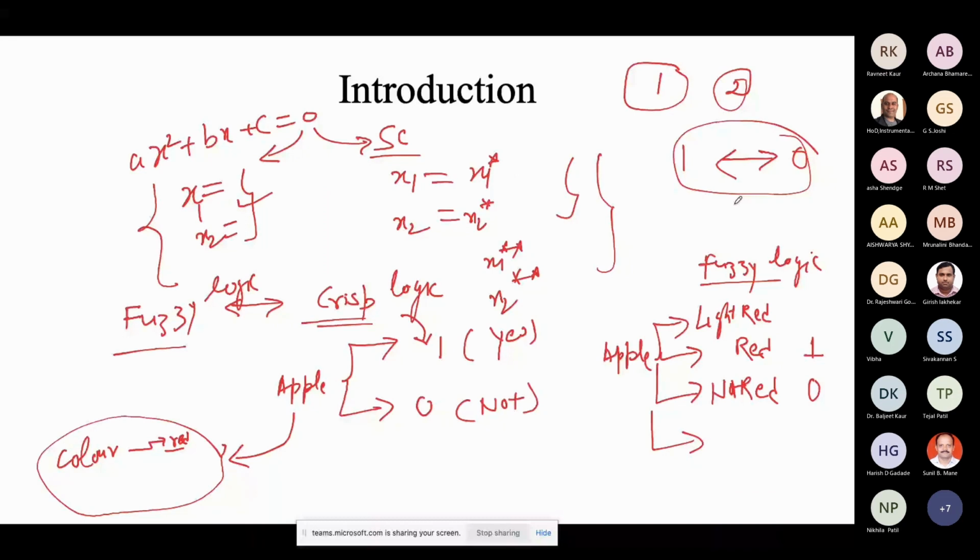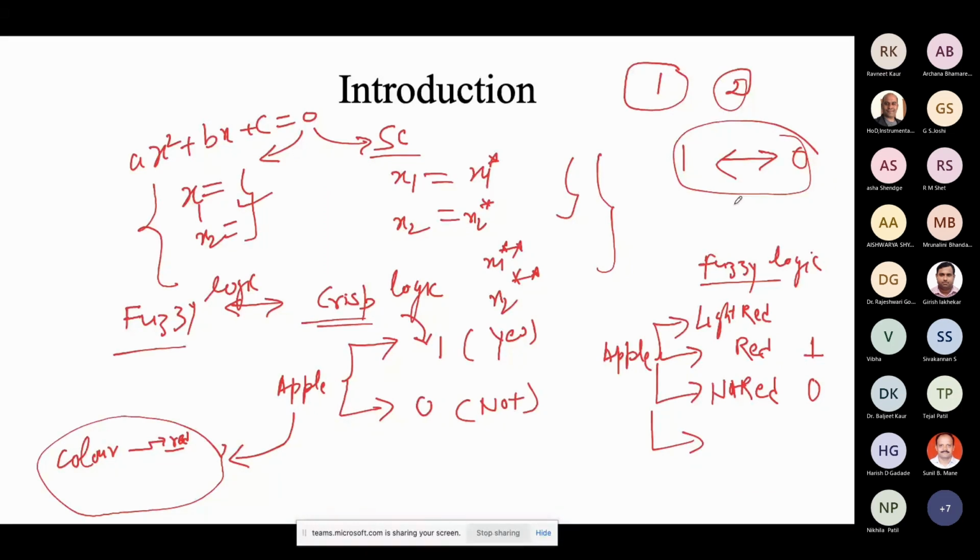In previous two-valued logic, we have two answers only, 1 or 0. Suppose we want to make a program for an autonomous car. If we want to apply the brake, in two-valued logic we have two answers: apply brake or not apply brake. Suppose some obstacle is coming in front of your vehicle and your vehicle is autonomous.